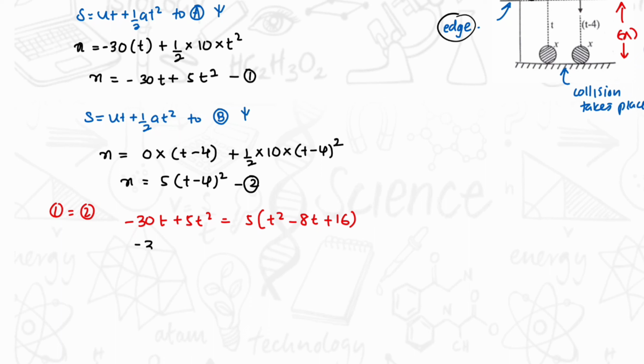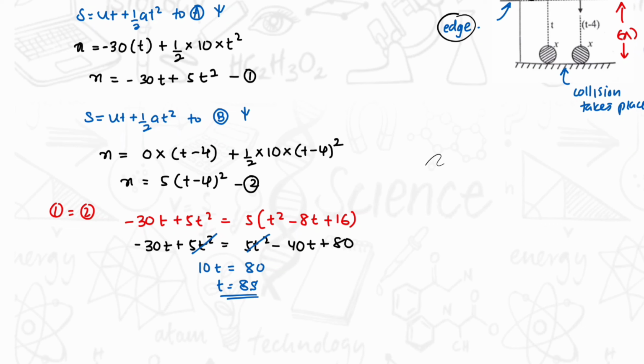And then if we simplify this, we will get this equation. And then 5t is in both sides, so you can cancel them off. And then if we simplify, we get t is equal to 8 seconds.